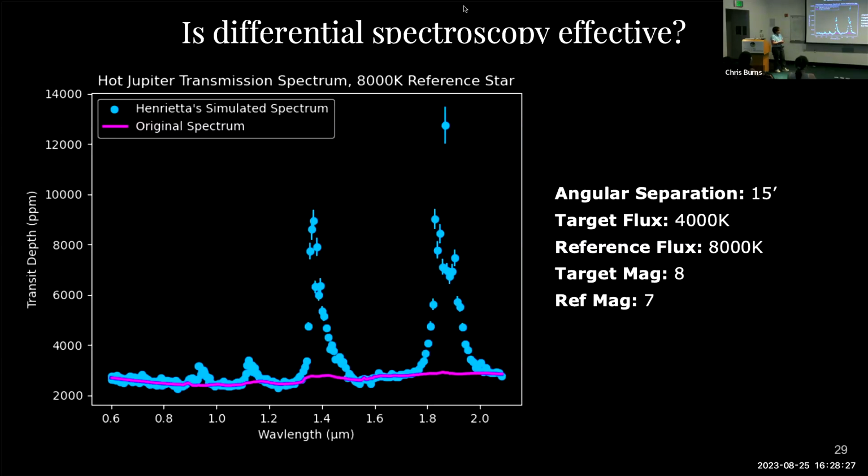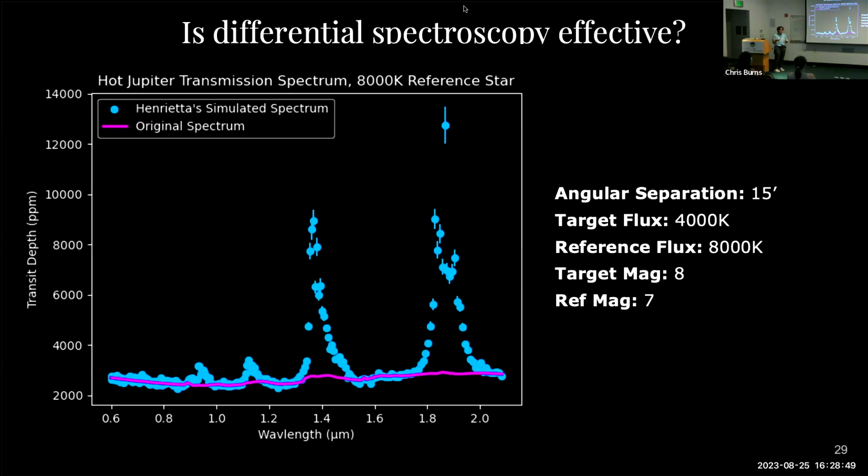What we see primarily is that we are unable to remove a lot of this noise, especially from these deep water bands, from our signal. So we are vastly over predicting the amount of water vapor in comparison to our reference exoplanet transit.